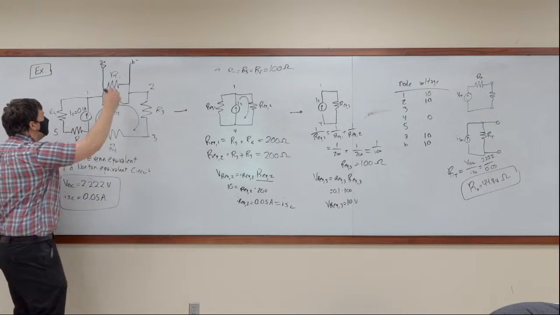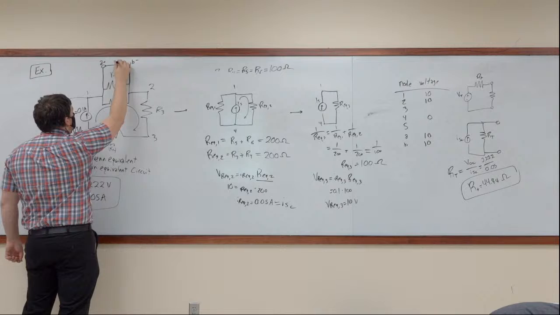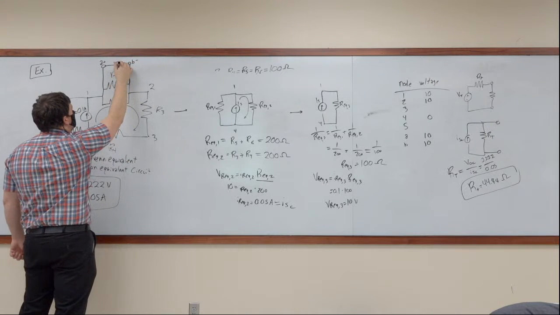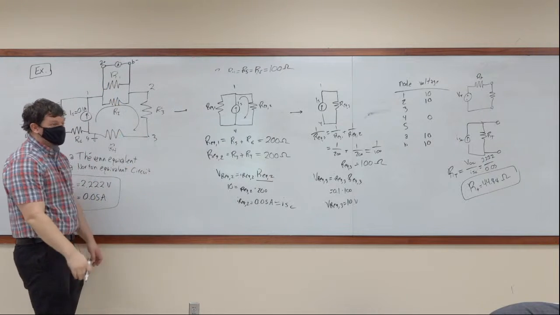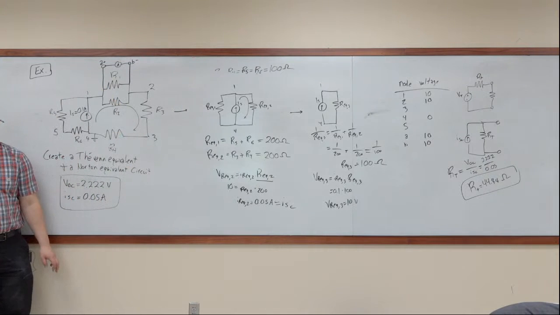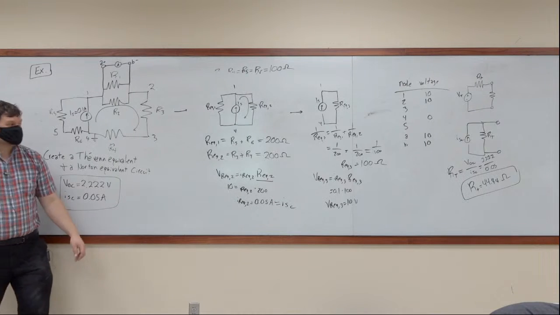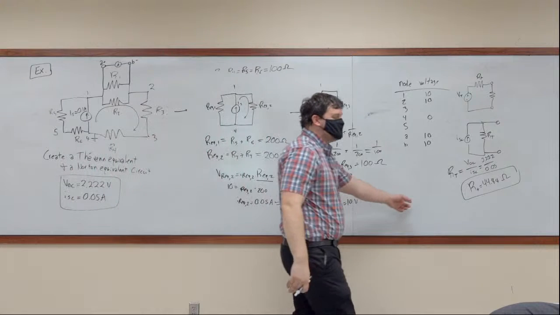Second step, you then use the meter as a current meter, an ammeter. You put it between A and B, you then measure the current. Done. Short circuit current. You take two measurements, you solve for RT, you are done.